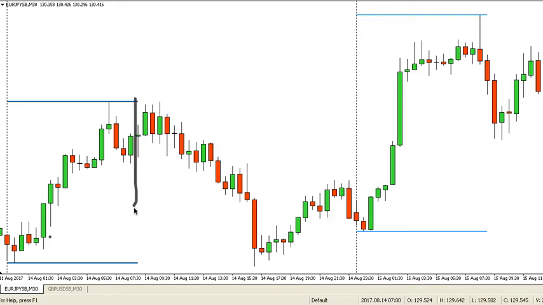Here is the start of London trading. So we're just looking for a bar to close bullish. We put a buy over the high, we put a stop at the low, and we risk a fixed fractional amount of our account. For demonstration purposes, let's say 1% of our account.